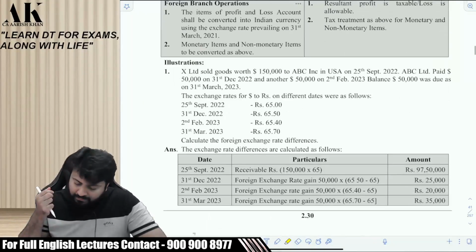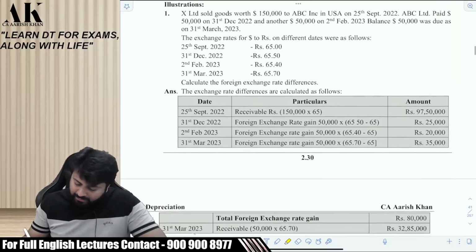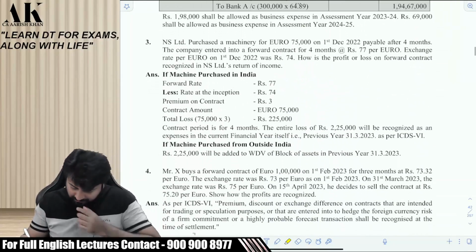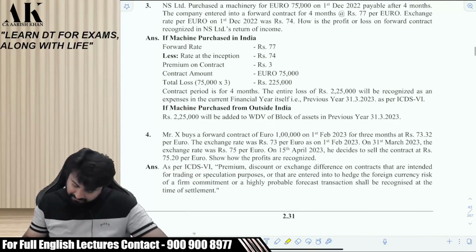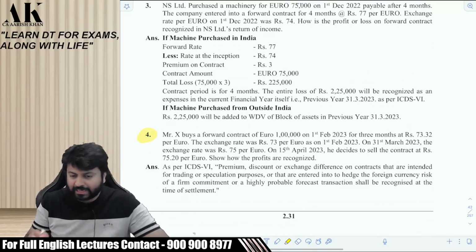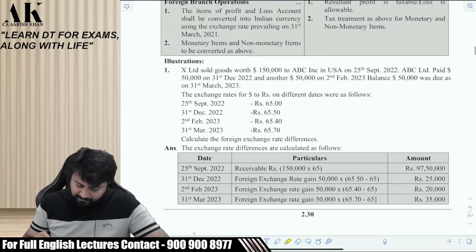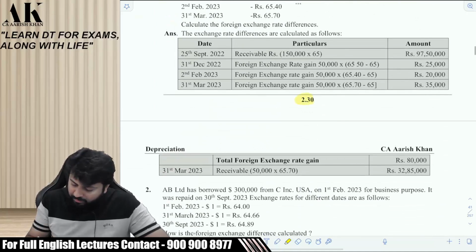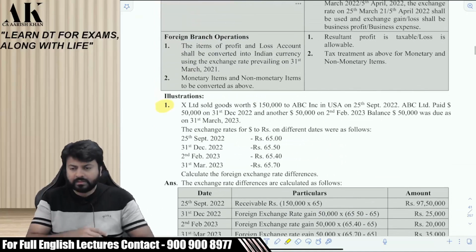So, come to the textbook, all of you, please. Page number 2.30, all of you, please. This fourth one I have to speak, that I'll speak along with the question. Question 1, page number 2.30. Shall we start?